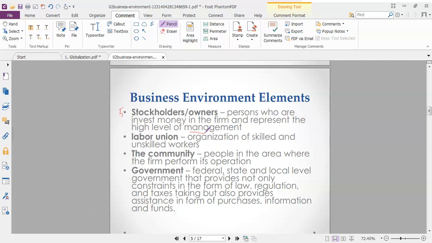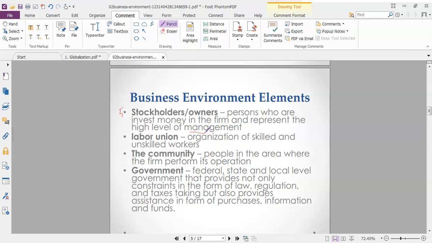Some persons invest their money in the business, and we call them owners or stakeholders. Then there is the labor union. Labor union is the workers of the company or organization, skilled and unskilled workers.